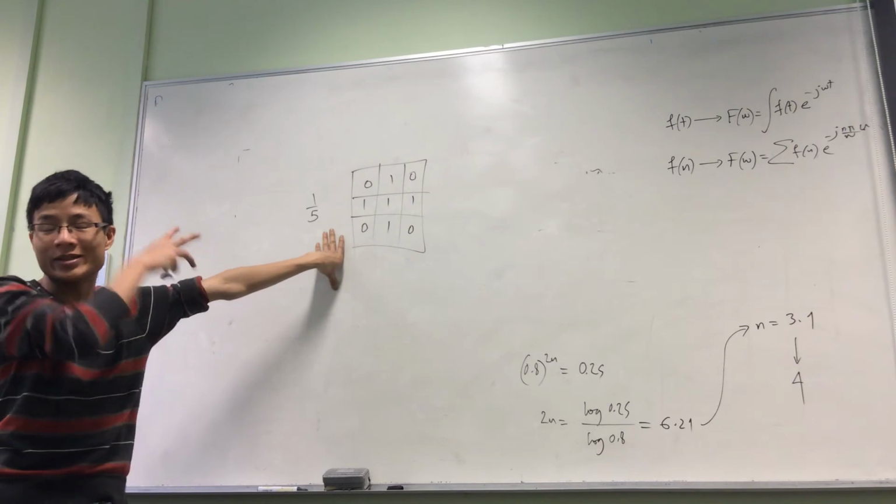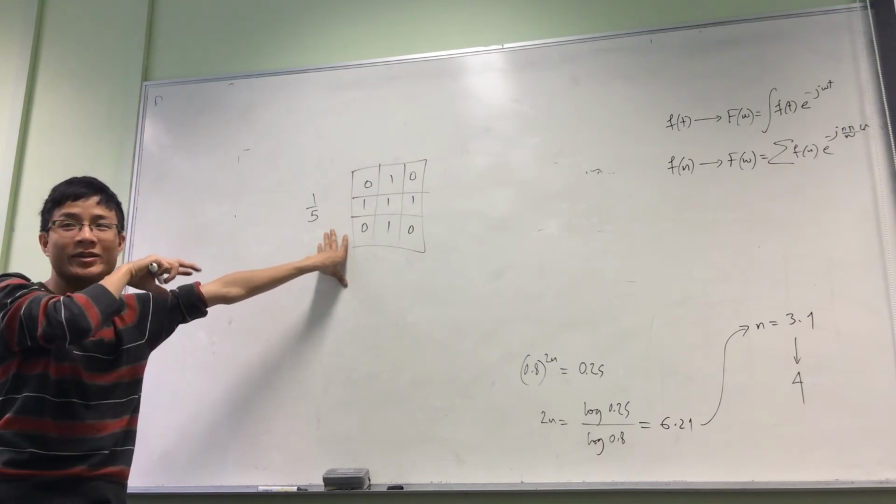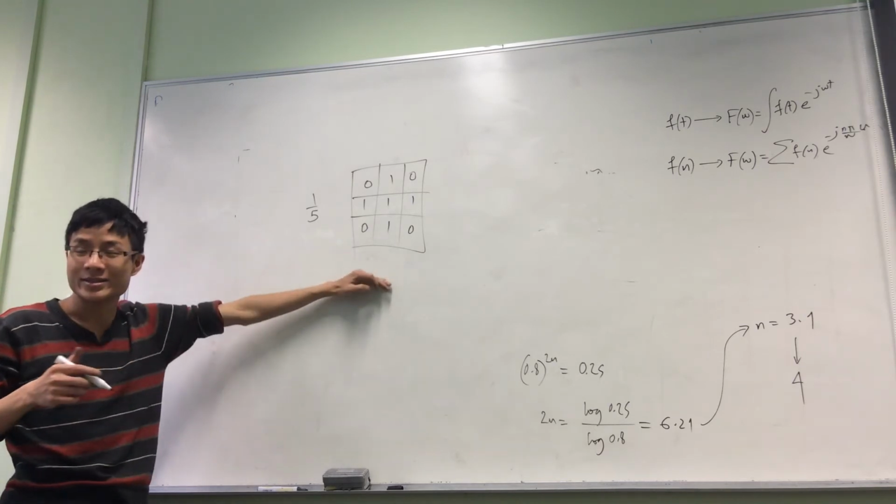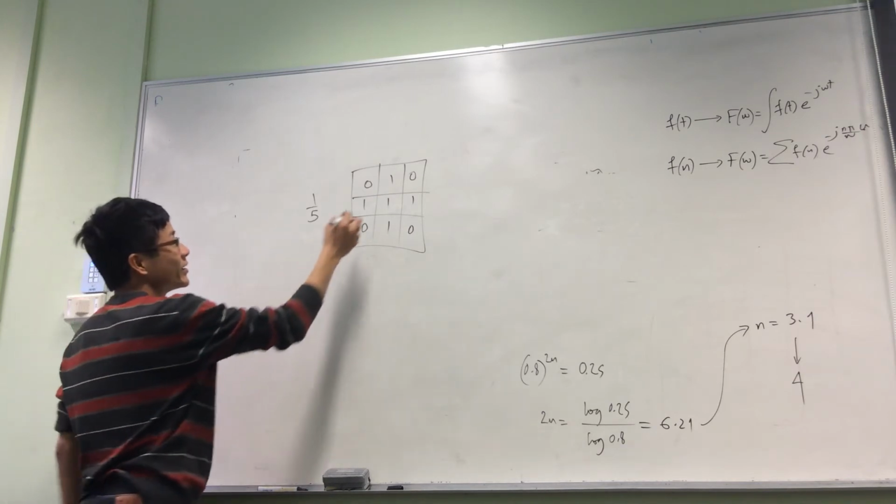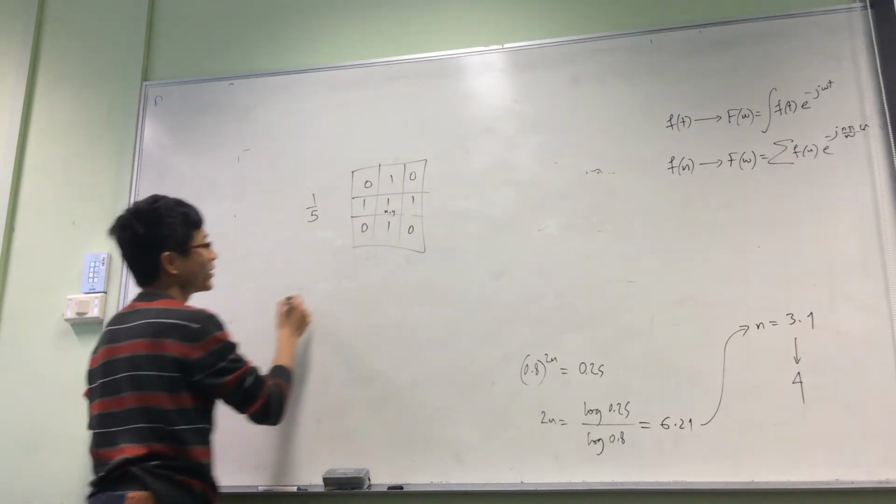You need to prove this one is a low pass filter. We can write this in terms of a formula. Let's say this one is x, y.